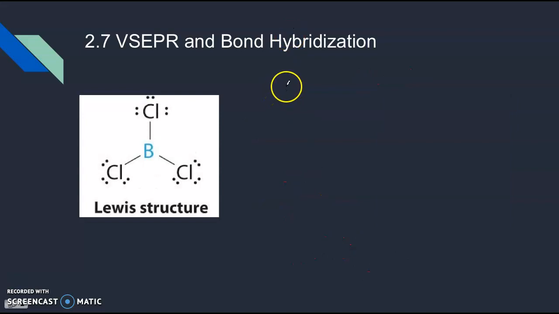The next one is sp2 hybridization. And this is an example of one right here, this boron trichloride. The bond angles here are 120 degrees. And this shape, if you have 3 bonds and no lone pairs on the center, that shape is called trigonal planar.